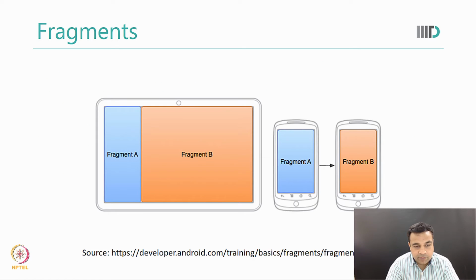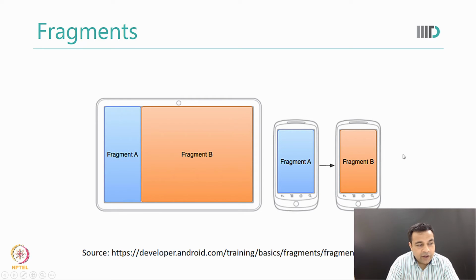Now let's come back to our picture again. So the way I will implement it is that I will have only one activity, and my one activity will have, let us say my list is of 10 names. So my one activity will have 11 fragments. The one fragment will display the list and the other 10 fragments correspond to the details of the individual items of the list.